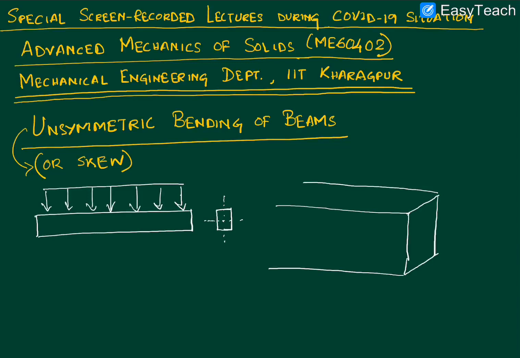Suppose we had our y-axis in this fashion and the z-axis in this fashion, where we note that the y-axis coincides with the vertical axis of symmetry of the rectangular cross section, and the z-axis coincides with the horizontal axis of symmetry of this rectangular cross section. The origin actually lies at the centroid of this rectangular cross section, and we will discuss in more detail about the centroid and centroidal axis later on.